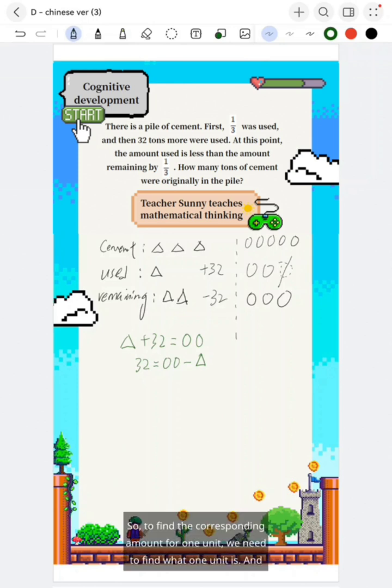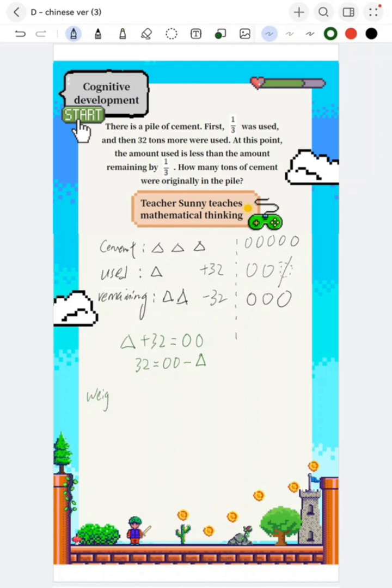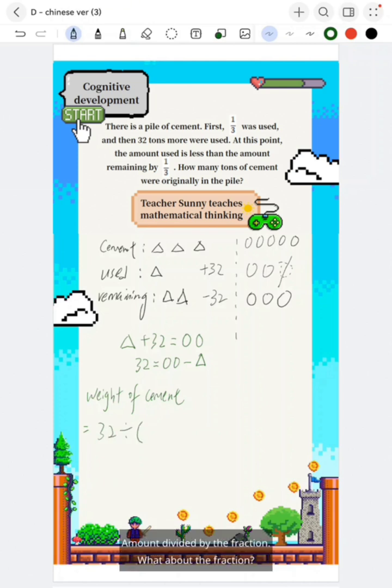So to find the corresponding amount for 1 unit, we need to find what 1 unit is. And what is 1 unit? How many tons of cement are in this pile of cement? So I can actually just calculate it directly here. The amount is 32. Amount divided by the fraction. What about the fraction?